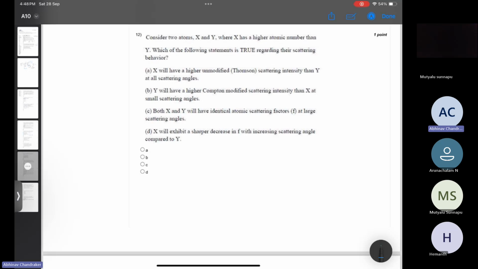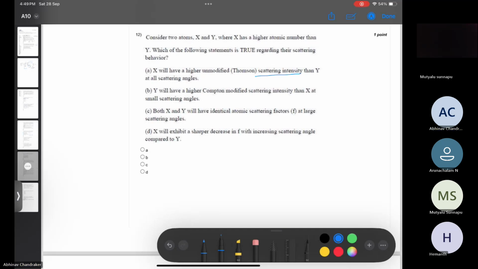So X has a higher atomic number. Okay, so here we are talking about the scattering intensity, not the atomic scattering factor.